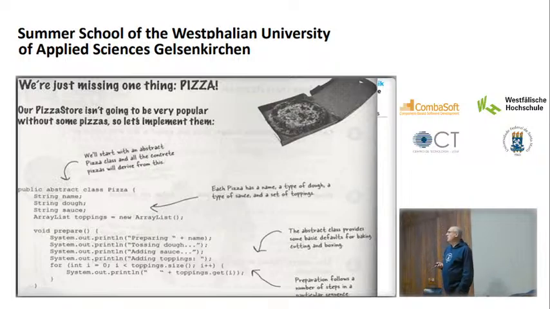So now we have the prepare method. We don't really bake, but we just do a print line. We are preparing something, we're tossing dough on it, we're adding sauce, adding toppings, and at the end we show what we have done.